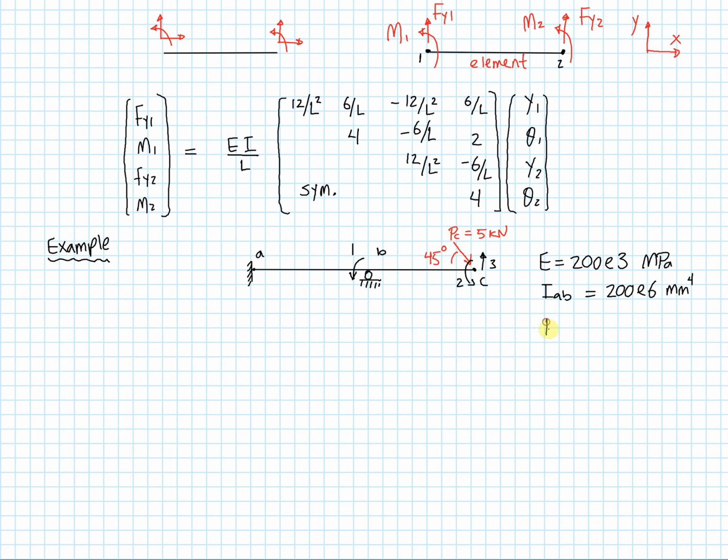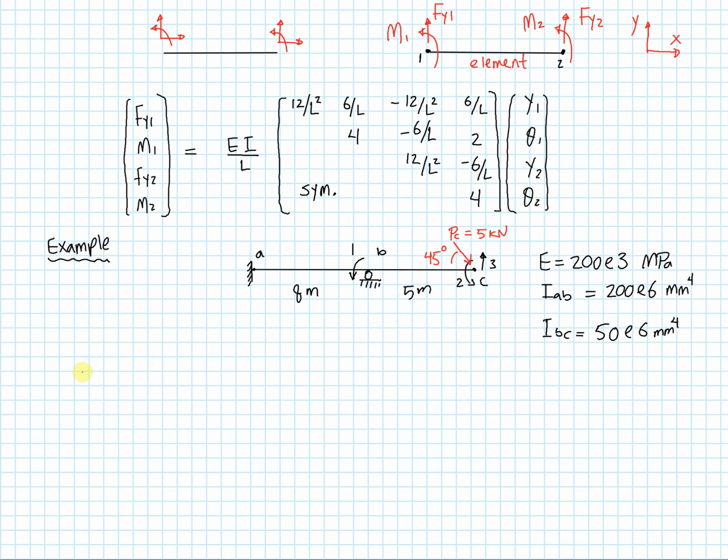And I_ABC is the same thing, or perhaps actually it's a smaller value. We have 50 times 10 to the power 6 millimeters to the power 4. Okay? And the lengths of these elements are 8 meters and 5 meters.